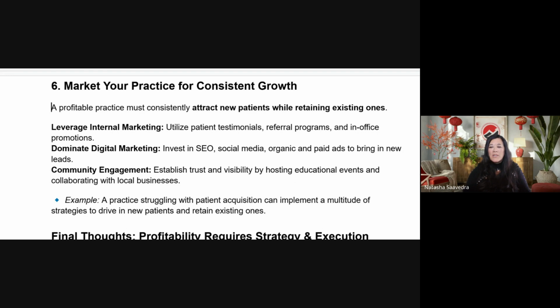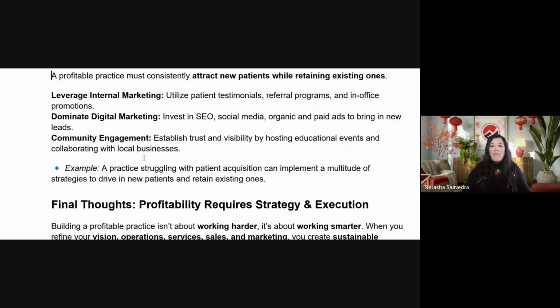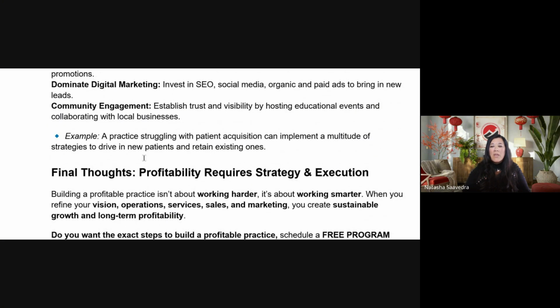In-office promotions, in-office talks, keep those in mind. Dominate digital marketing, invest in SEO, social media marketing, organic and paid ads to bring new leads. Also, I would say, depending on your demographic, we had a great senior magazine. It was called The Beacon. It's 50 and over. It publishes every single month.